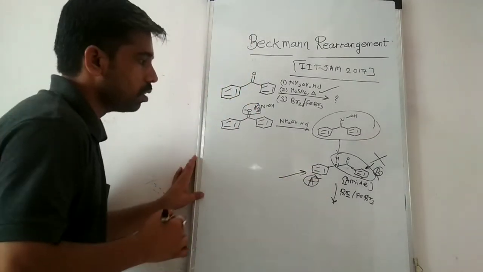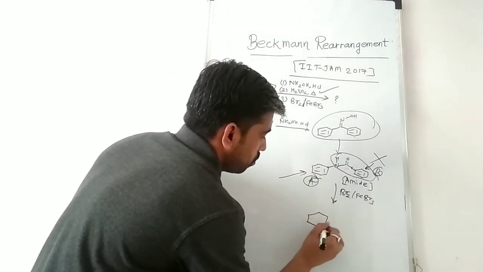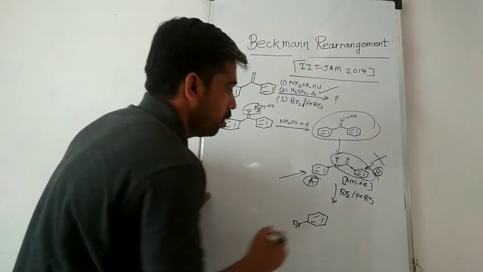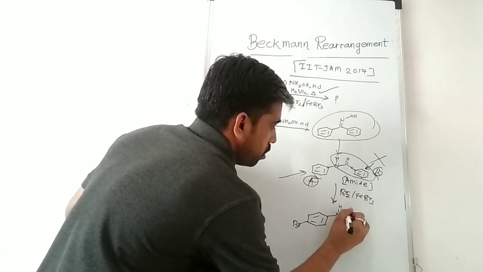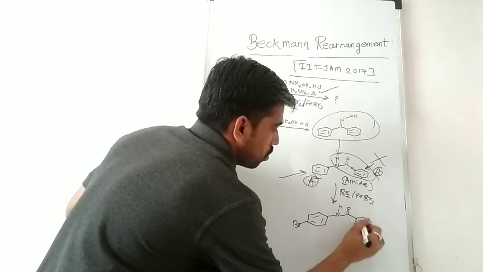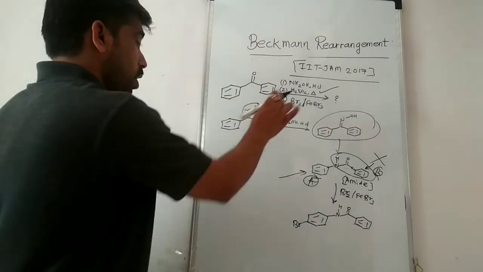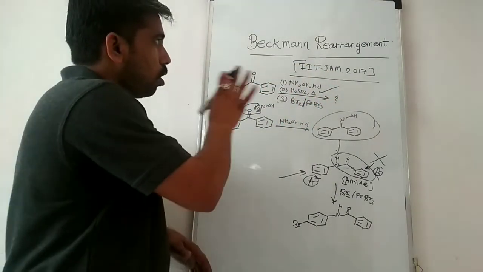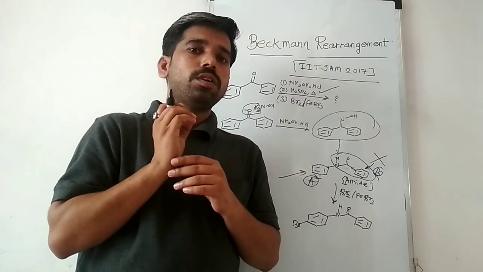Okay, so we get the final product of aromatic electrophilic substitution reaction at the para position of this ring. This is our final product. Okay, this is a 3-step reaction asked in the IIT JAM exam. So this is all about the Beckmann rearrangement and Beckmann fragmentation. Thank you for watching the video.